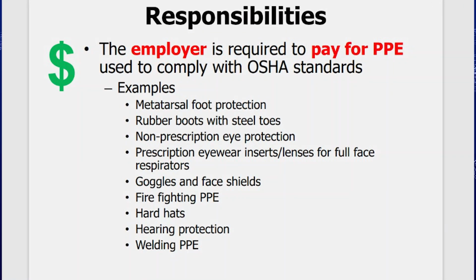Examples: metatarsal foot protection, rubber boots with steel toes, non-prescription eye protection, prescription eyewear inserts or lenses for full-face respirators, goggles and face shields, firefighting PPE, hard hats, hearing protection, welding PPE.